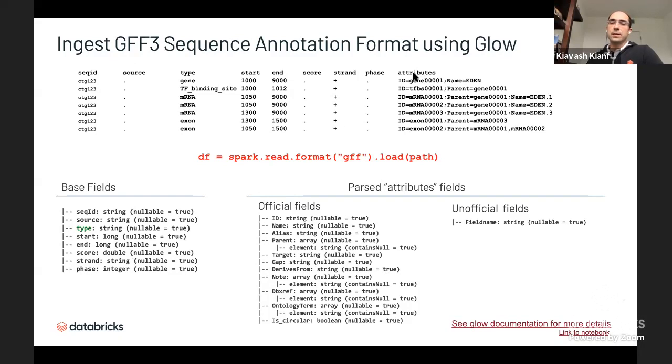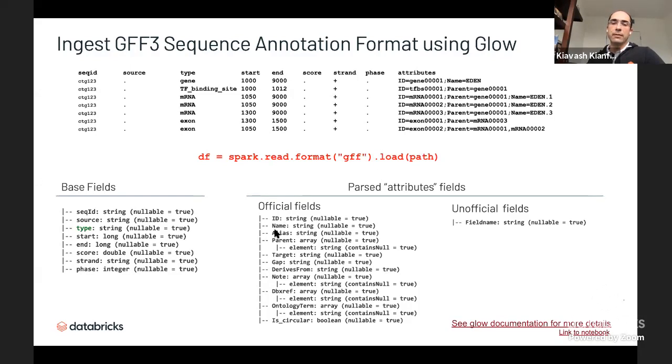But the last column, instead of just taking this text string, which is semicolon separated, into a single column, we parse this and generate one column for each one of these tags that are in the last column. This way we create a table which has all these tags as separate columns, and every variant that has that particular column will be populated accordingly.